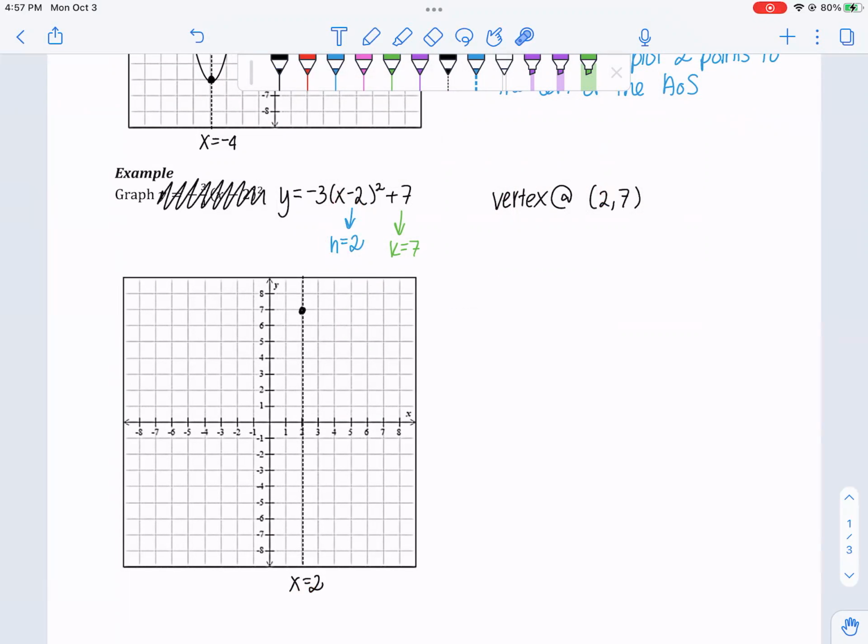So x equals h. Then I'm looking at the 2 x values that are immediately to the right. So I'm looking at 3 and 4, and I'm going to plug those into my original function to get 2 points. So I have x equals 3. If I plug in x equals 3 to this function, I get y equals negative 3 times (3 minus 2) squared plus 7.